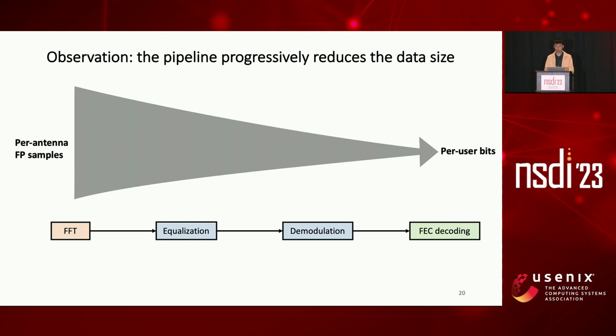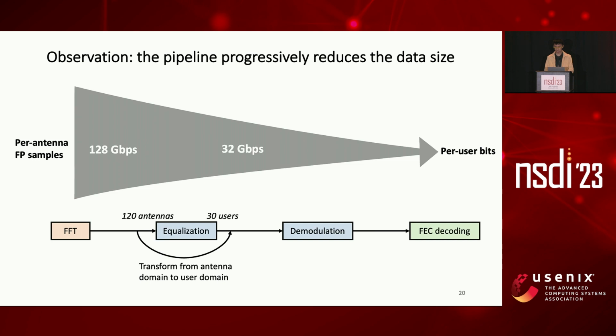After FFT, we have data for all 120 antennas fed to the equalization stage. The rate is around 128 Gbps. Then the equalization stage transforms the data from the antenna domain to the user domain, converting the data from 120 antennas to only 30 users, causing a 4 times data reduction.